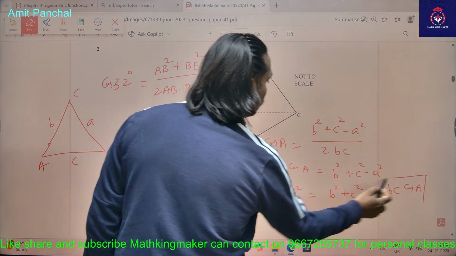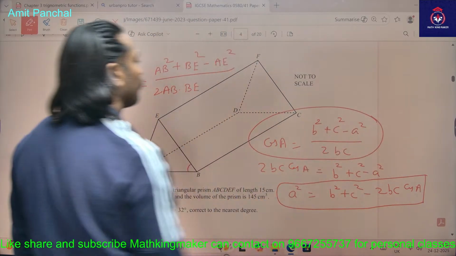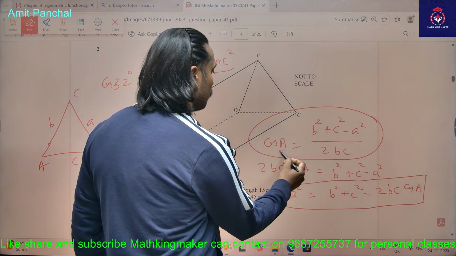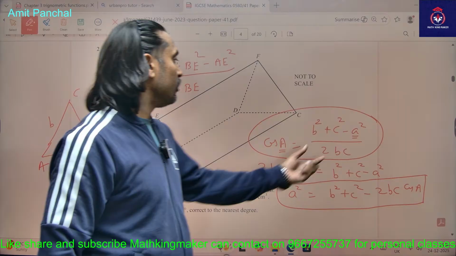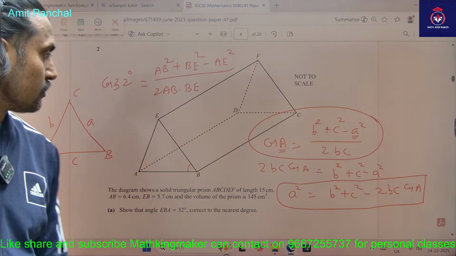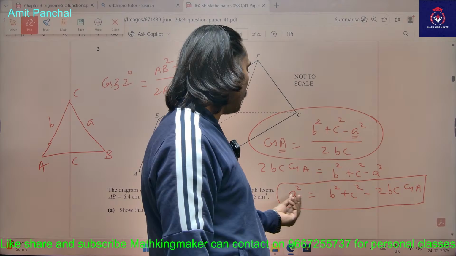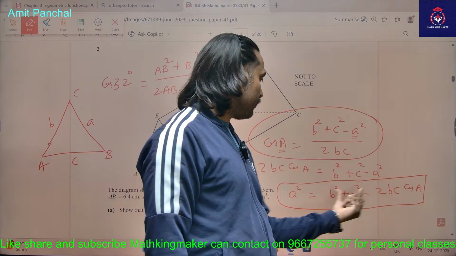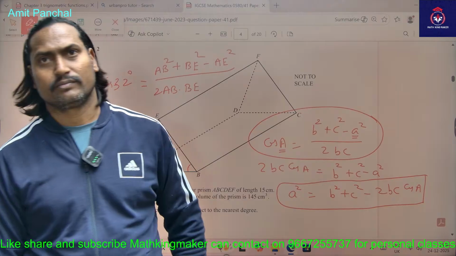That is easy to remember because here we have written angle A, so side A will be negative and in the denominator we'll have BC only, not A. Or it is also easy if you remember it like A square will be B square plus C square minus twice of these two and the angle in front of this side.